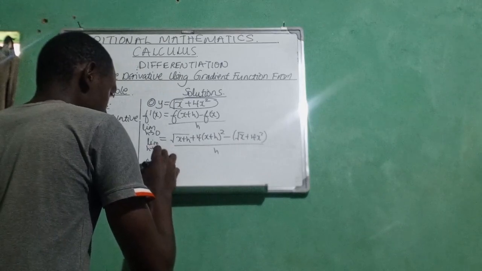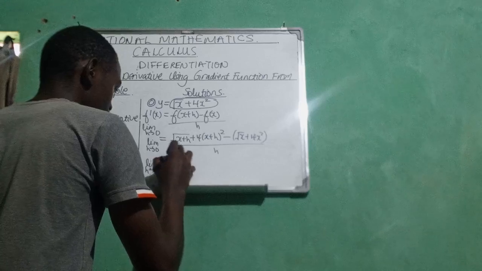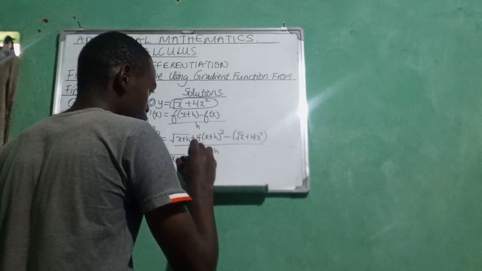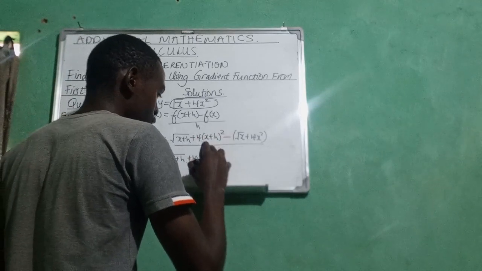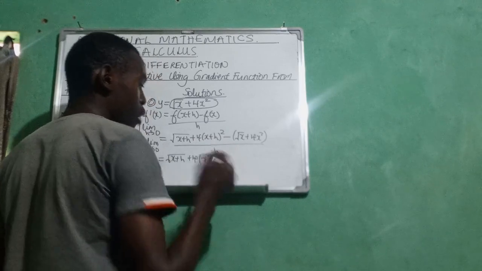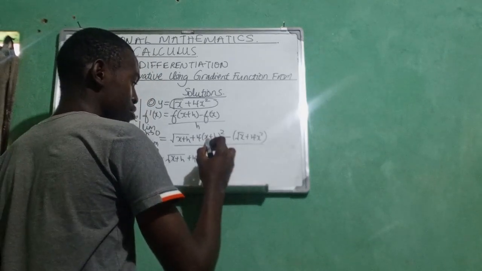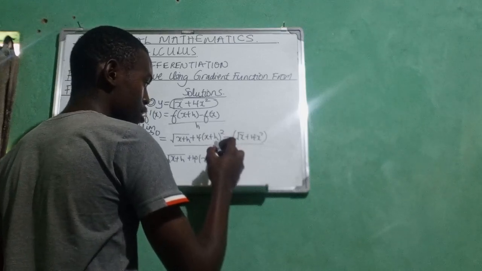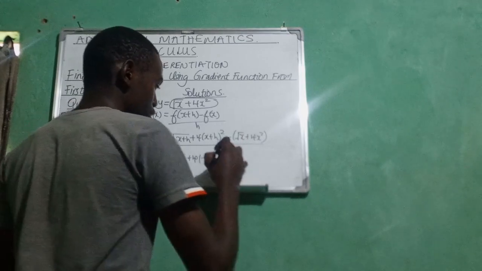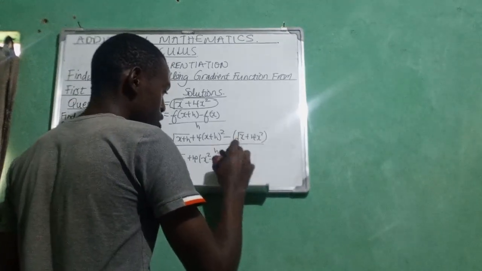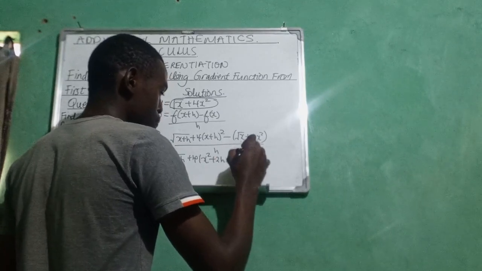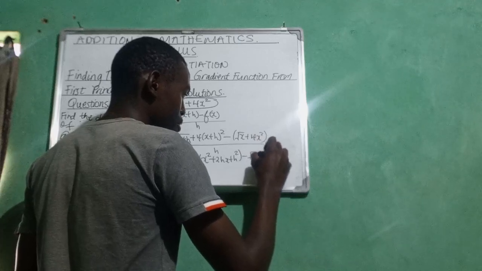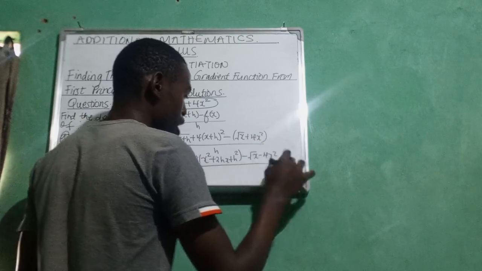You can expand this: x times x is x squared, x times h is hx, times 2 is 2hx, and h squared. Then minus square root of x minus 4x squared, divided throughout by h.